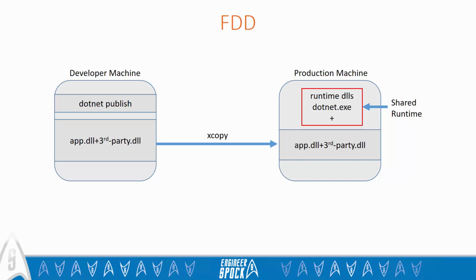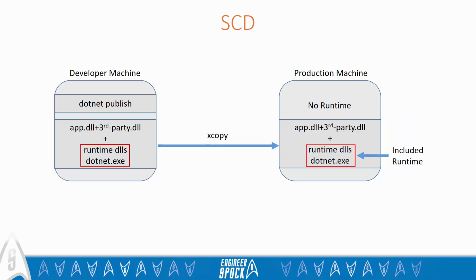Otherwise, our application won't work. When we deploy our application going the SCD way, we deliver a self-contained application, which contains all the necessary things including the runtime, so it doesn't need anything to run on any other machine. We can copy it anywhere and just run, and everything will work fine.